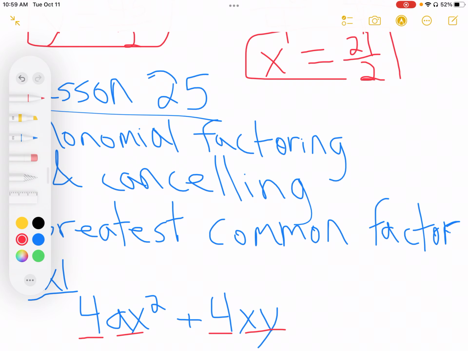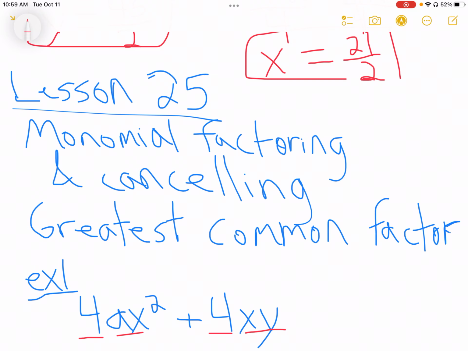But if I think about the greatest common factor here, I have to think of two things. I have to think of my coefficients. When I think about my coefficients, I think of the greatest common factor of that first, right?